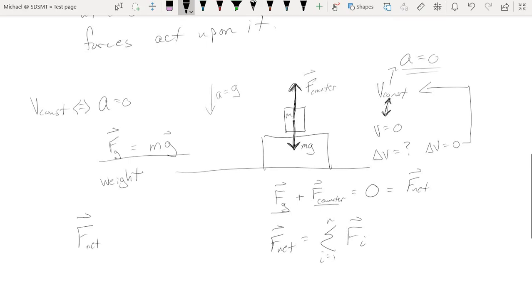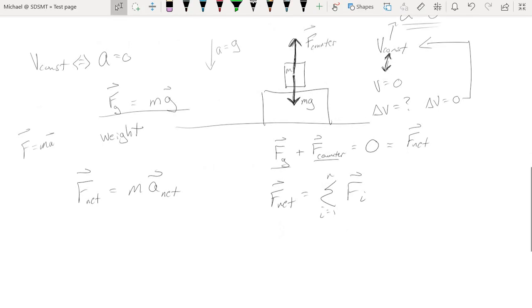In this case, we just have these two right here, but they've added up to equal zero. If we apply the F equals ma expression to the idea of net force, then we get something called a net acceleration. And this net acceleration is what happens when all of the forces in the system get together and act on our mass.